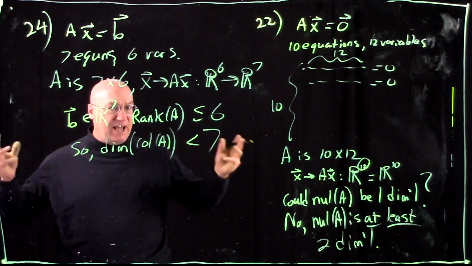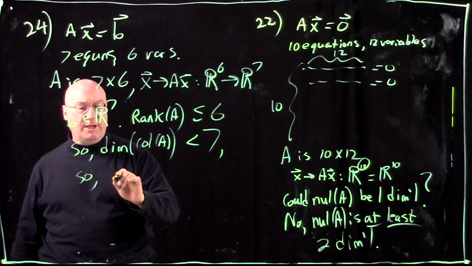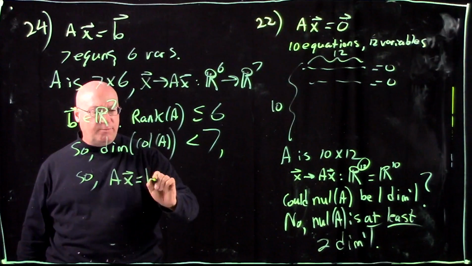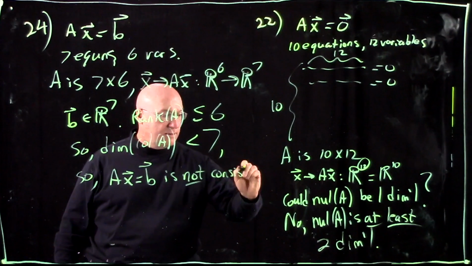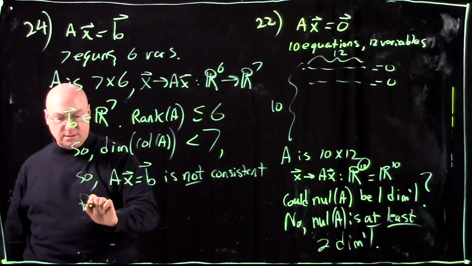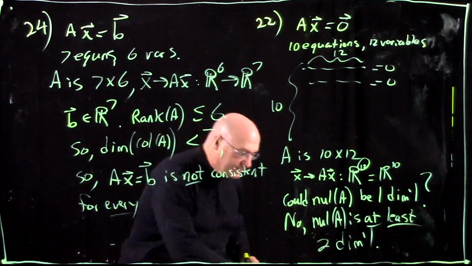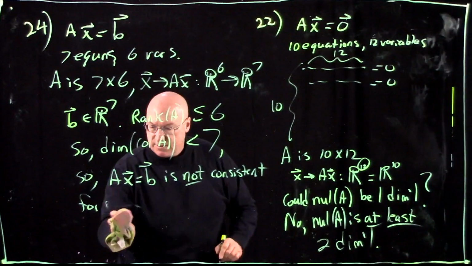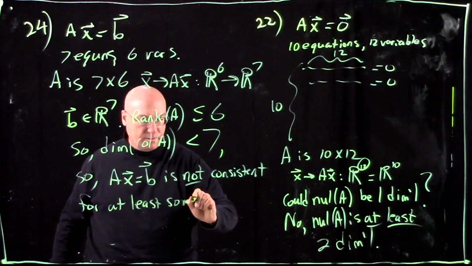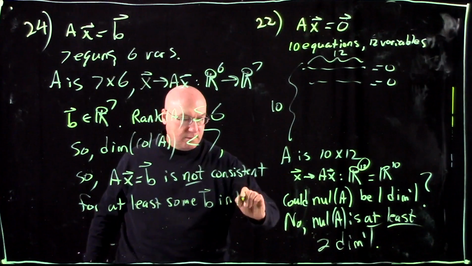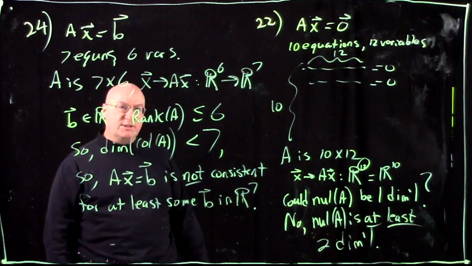So I can't get everywhere in R7. So AX equals B is not consistent for at least some B in R7.